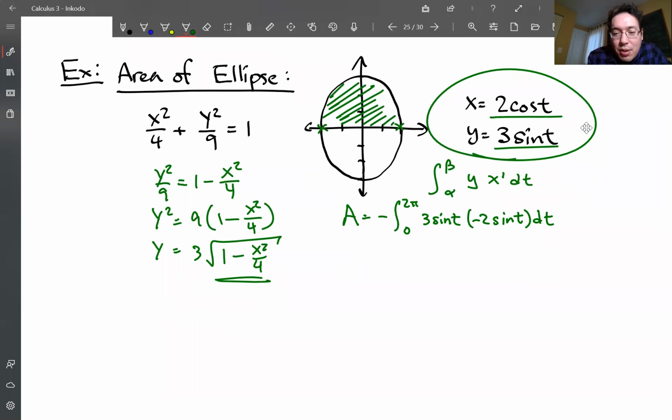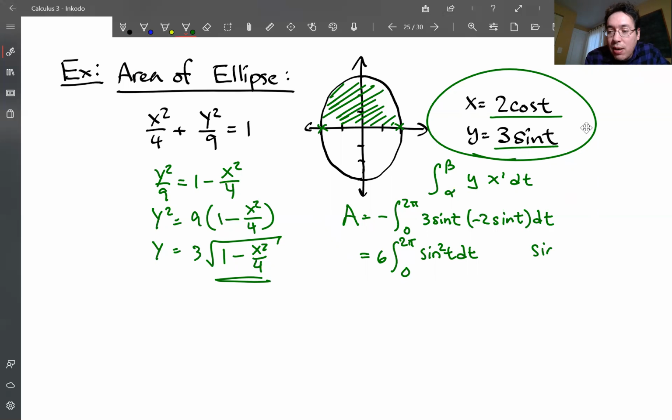Okay, so let's pull out all the constants. I have a 3 here, negative 2 here. Pulling that out and combining with this negative, I'll get positive 6 on the outside. And I have 2 factors of sine, so sine squared here. The way to calculate this is to use a trig identity.